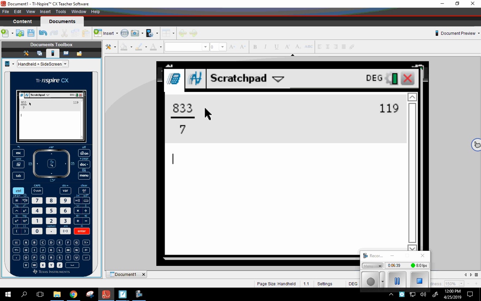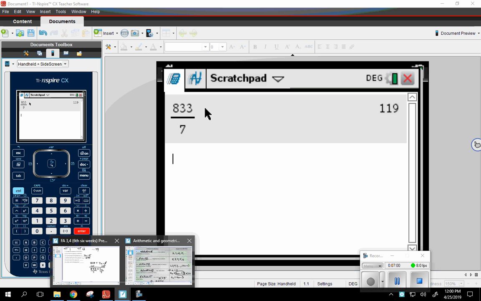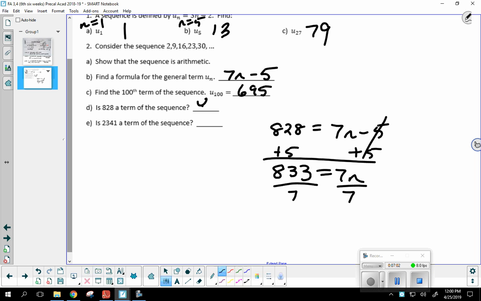We don't have a portion of a term, like there's no such thing as the 1.5 term. They have to be whole number values. So what I'm looking for is no decimal. If it gives me a perfect whole number, then that means it would actually be the 119th term of the sequence if I were to continue. So this one is a yes. It should be a part of that sequence.